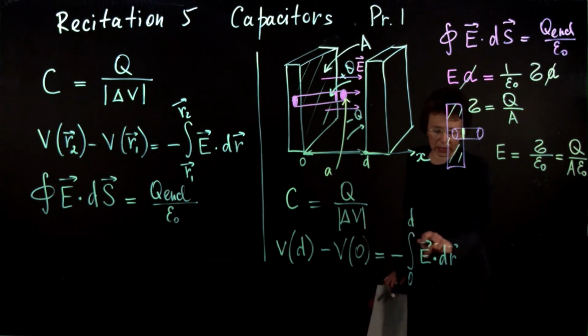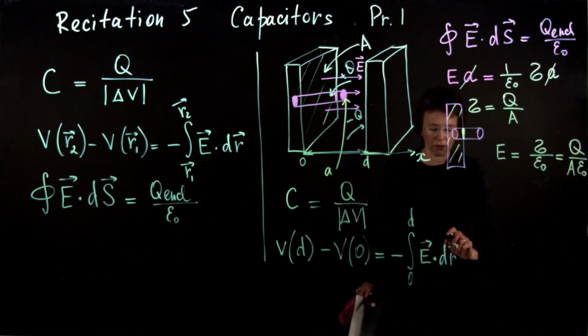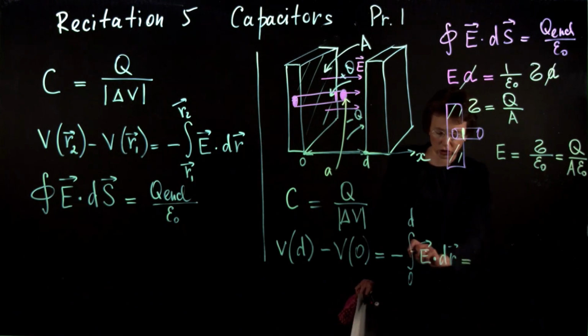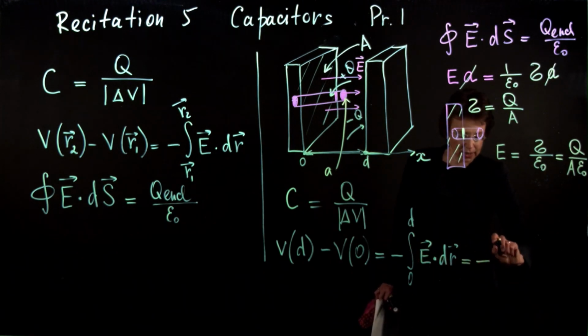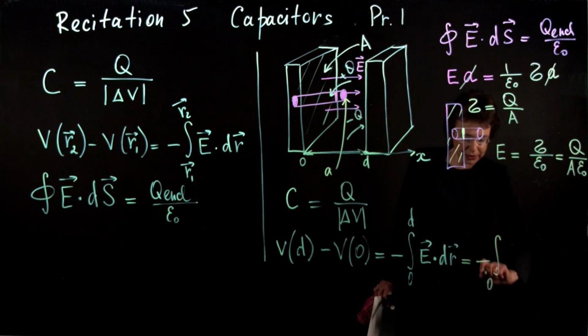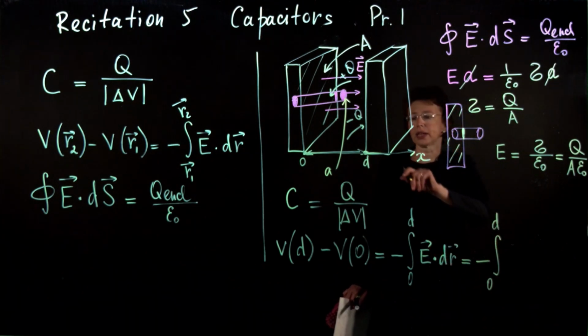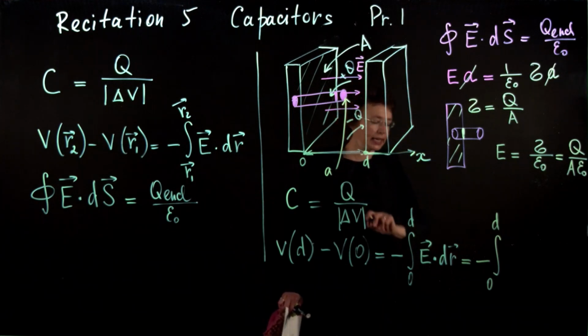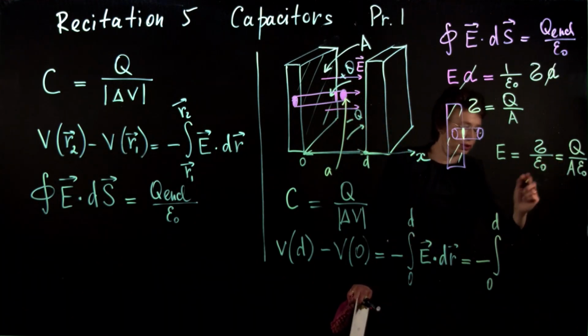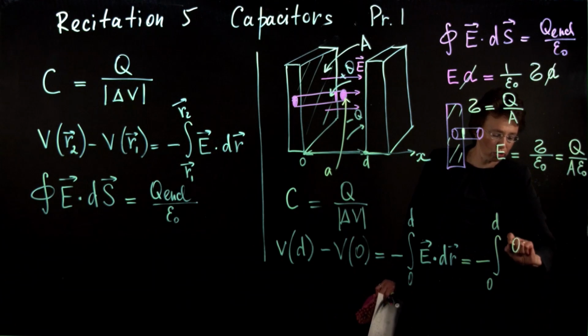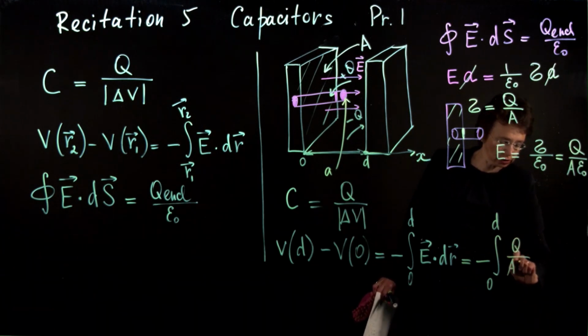Now I bring this electric field here, and I find the difference in the electric potential. It is minus the integral from 0 to d. E dot dr is simply Ex dx. The electric field is constant, Q over A epsilon naught, so the integration is trivial.